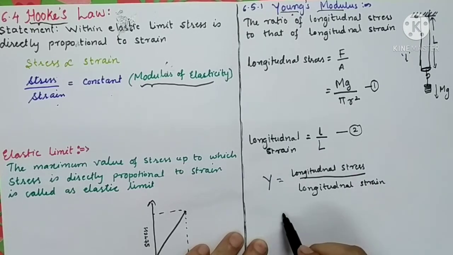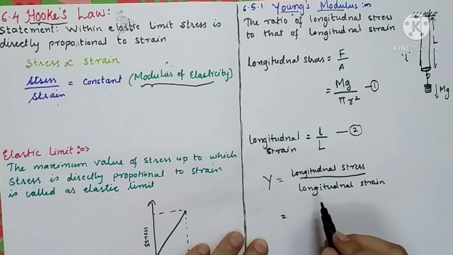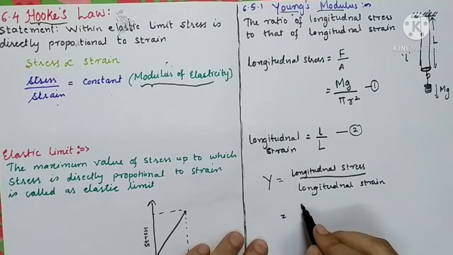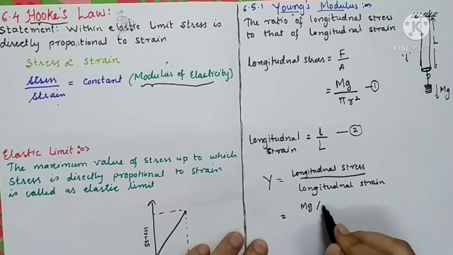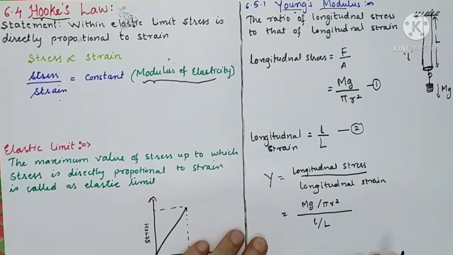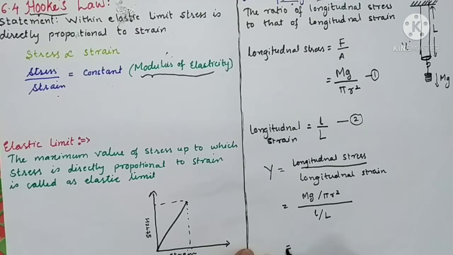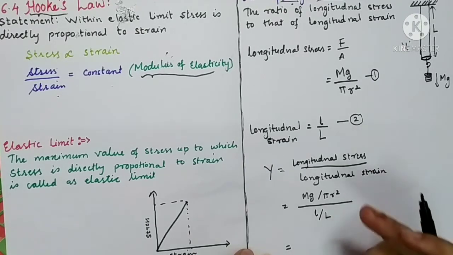From equation 1, stress is mg upon pi r square, and from equation 2, longitudinal strain is small l upon capital L. Now you just have to merge these things to get the final expression of Young's modulus, as this L will come in the numerator.